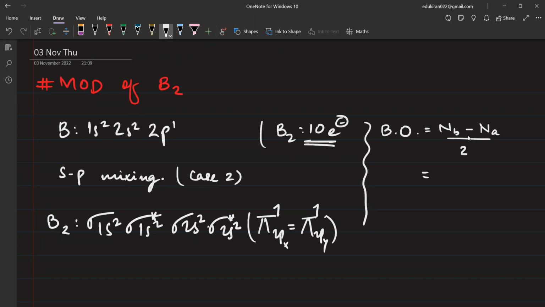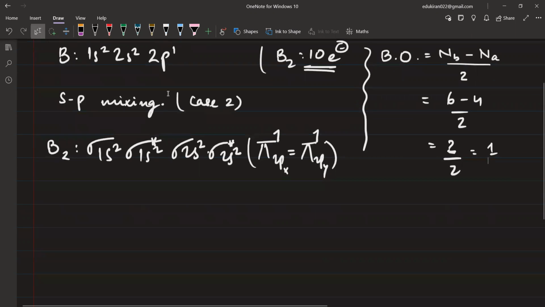No, look again, Iram. In pi there is only one electron in each orbital. Can you see that? So 6 minus 4 upon 2, which is 2 upon 2, which equals 1. So the bond order is going to be 1.